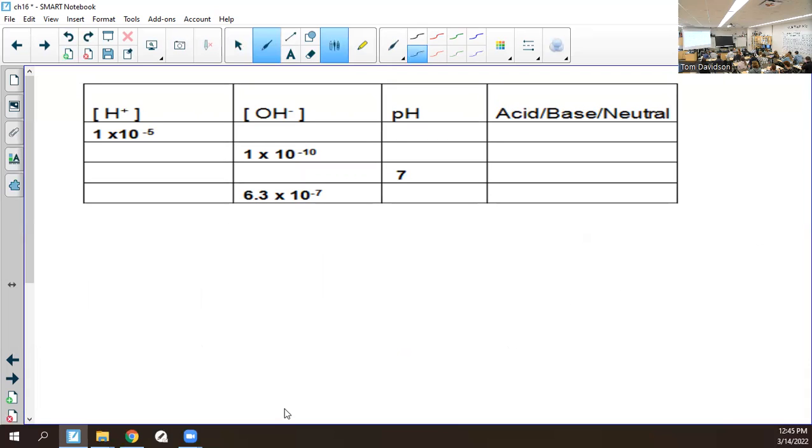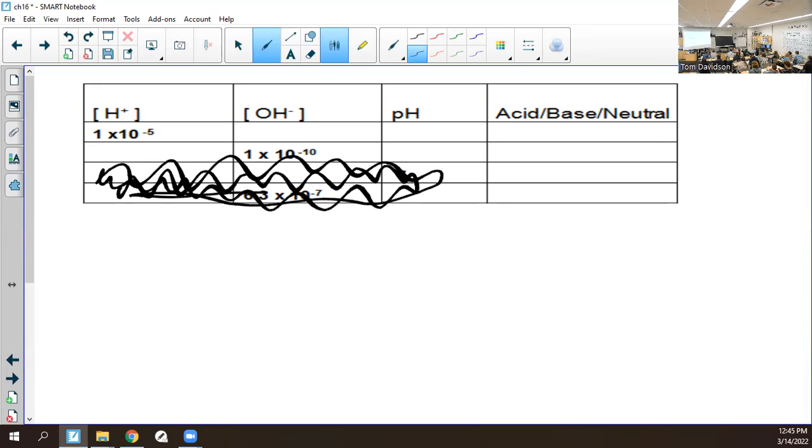All right, just to save you guys some time, because it is very common on the AP test that their concentrations are just 1 times 10 to the negative something. If you understand logs, these are pretty easy. We're finding the negative exponent 10 is raised to when we find pH.